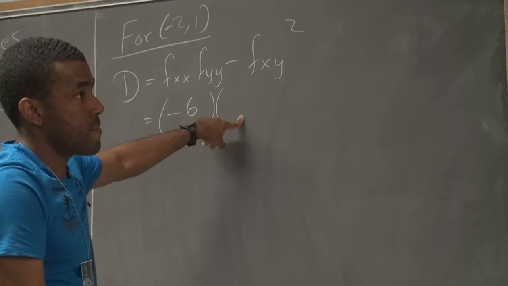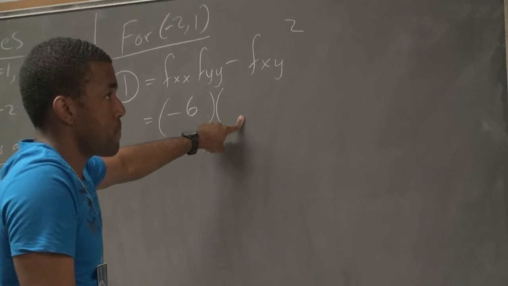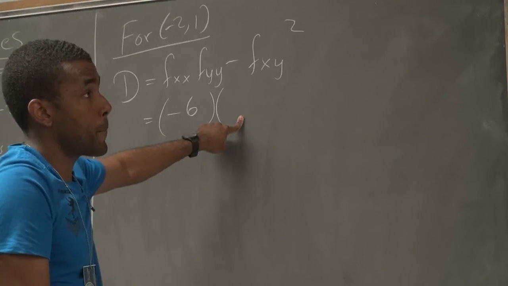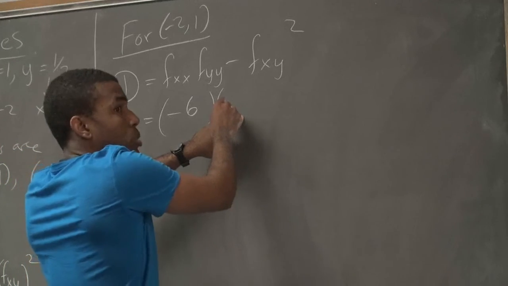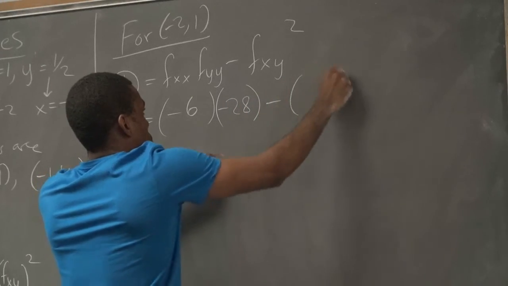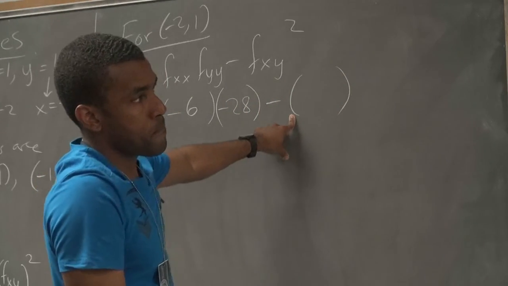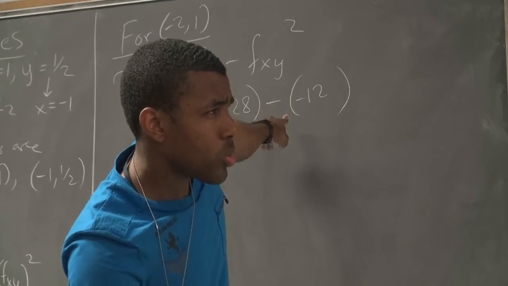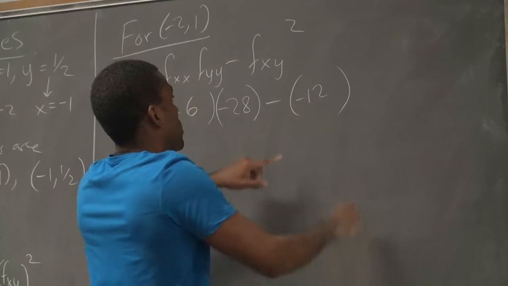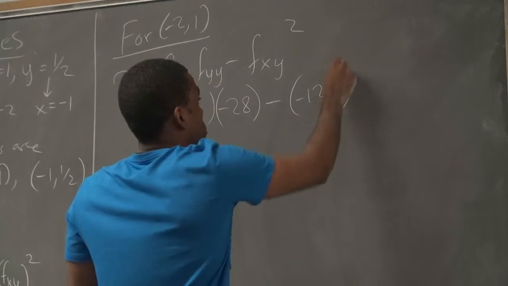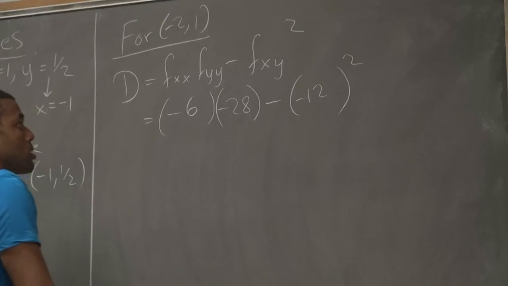And fyy? 36 minus 24, minus 28. And fxy? Is that 6y? 6x. Okay, and the x is minus 2. So that's minus 12, and we square that. Is that greater than 0 or less than 0? Less.